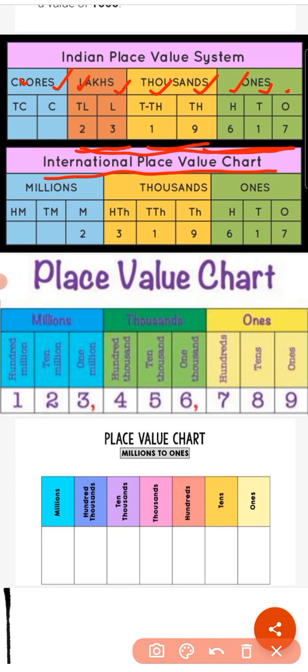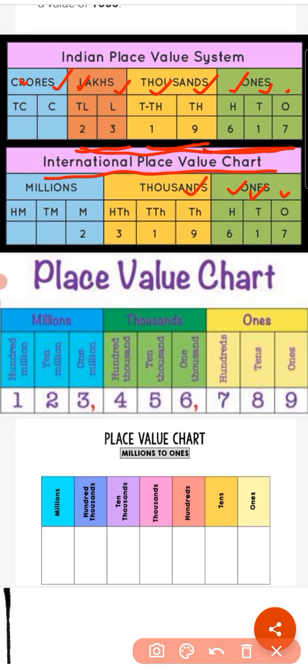But in our system, here we are using the international place value chart. The first three places are in the ones group, that is ones, tens, hundreds. These three places belong to the ones group.